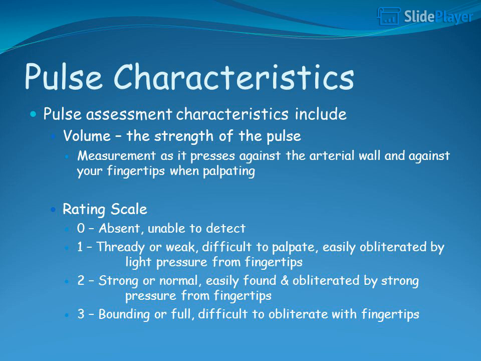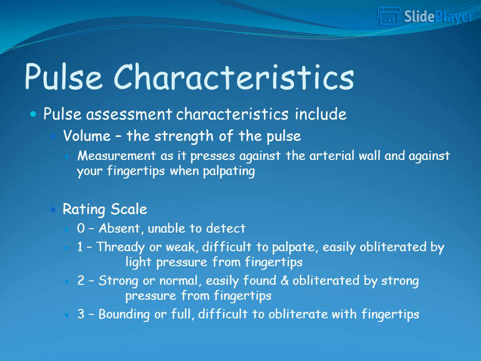Rating scale. 0, absent, unable to detect. 1, thready or weak, difficult to palpate, easily obliterated by light pressure from fingertips. 2, strong or normal, easily found and obliterated by strong pressure from fingertips. 3, bounding or full, difficult to obliterate with fingertips.